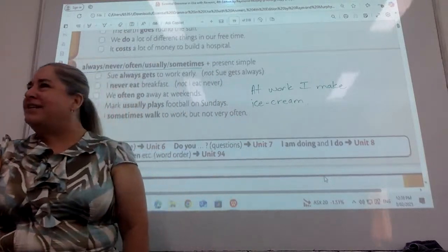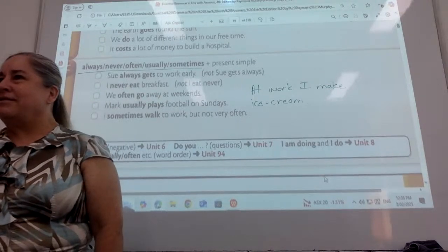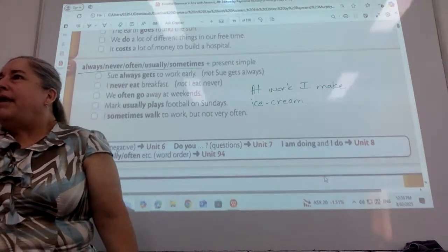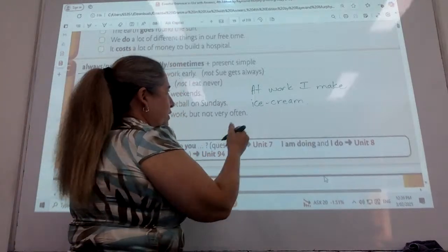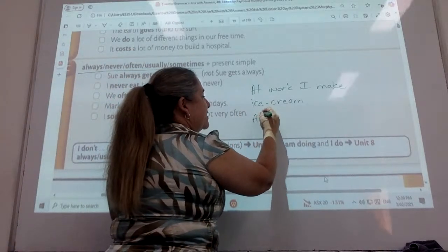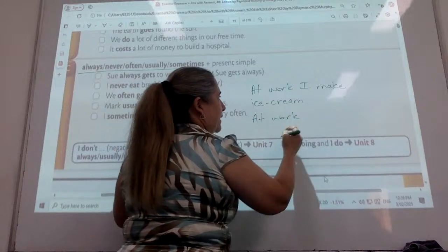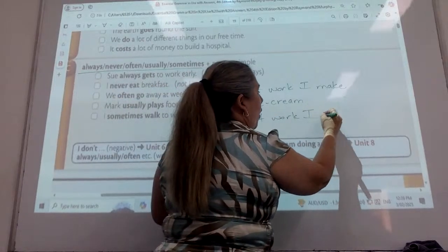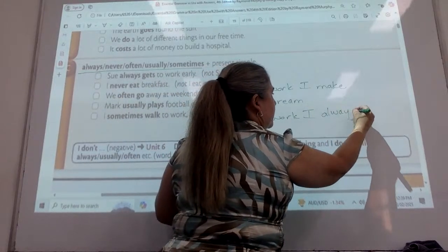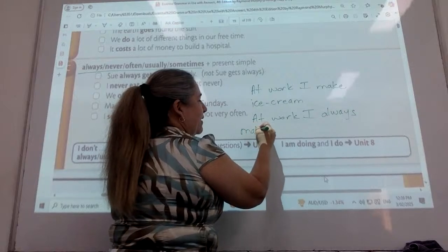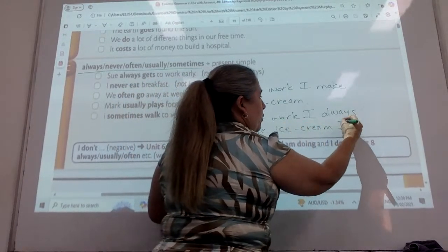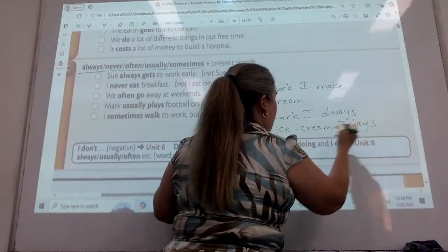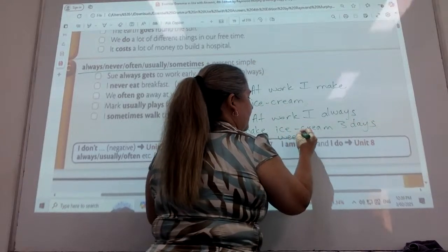See? He can do it. I don't need translation into Chinese, because what's the point? Okay, so he says, at work, I always make ice cream three days a week.